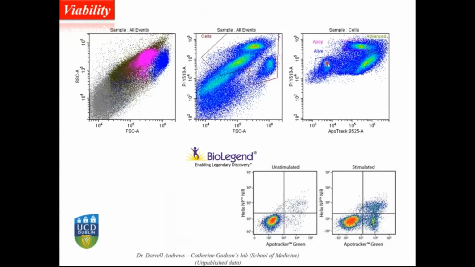The early apoptotics are moving in one direction and then elevating. So it's taking, yes, ApoTracker, but then later on started to get more and more propidium iodide. Here you have a bit more advanced apoptosis. Here is even more advanced, and now we are starting the DNA fragmentation. So this area here, they still have annexin 5 binding with ApoTracker, but they are dropping down in the content of propidium iodide.